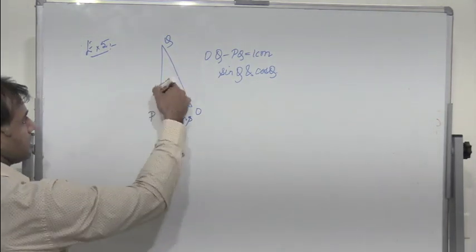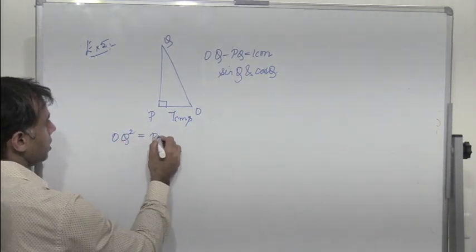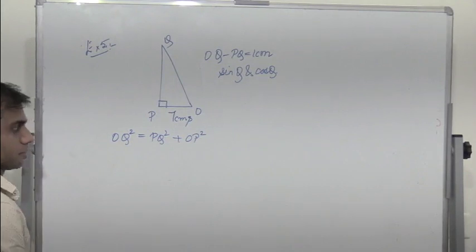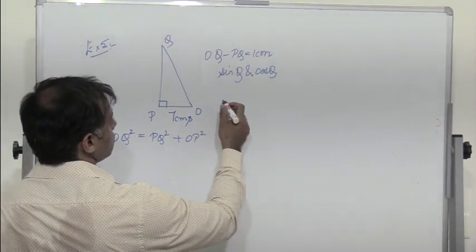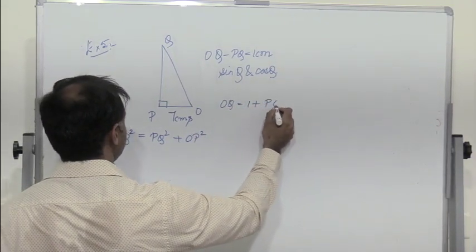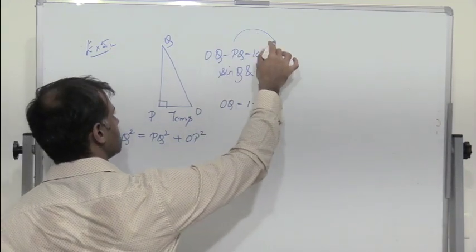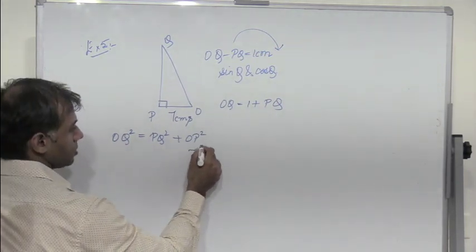Okay, so this is a right angle triangle, so we know that OQ square is PQ square plus OP square. Now from this, we also have OQ equals 1 plus PQ. OP is known, which is 7 square.